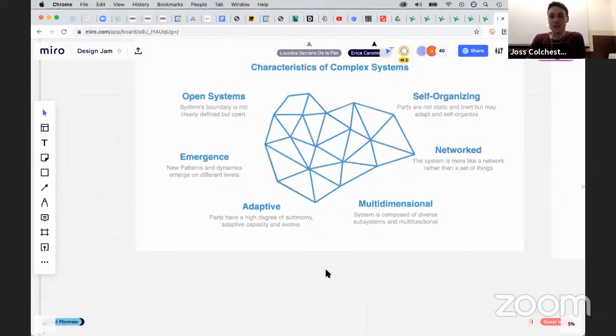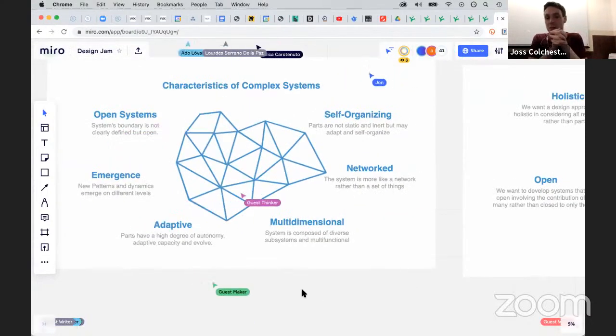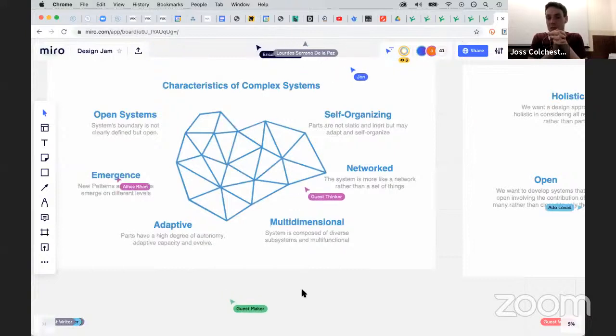And this idea of emergence, the idea is that we need principles that are going to work with these aspects. So adaptive parts have a high degree of autonomy, adaptive capacity, and they can evolve over time. Complex systems are multi-dimensional. The system is composed of diverse subsystems and it's multifunctional. They have a networked architecture, highly interconnected.